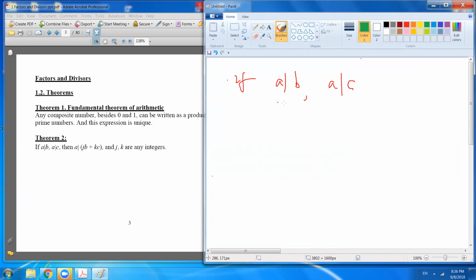Does anybody know? Which one is the numerator? Which one is the denominator? Do we write A divided by B or B divided by A? Which one? A is the denominator.